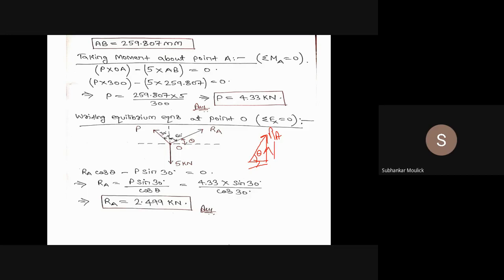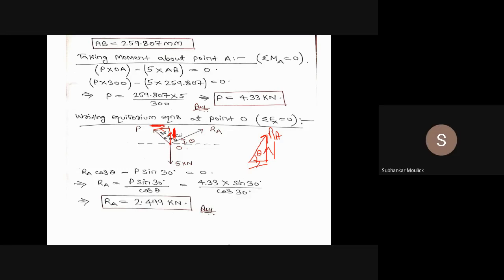This is the tail end of the force, this is the head end of the force, so I will go upward and in negative x. This is force P, and this angle is 30 degree, so the components will be P cos 30 and P sin 30.